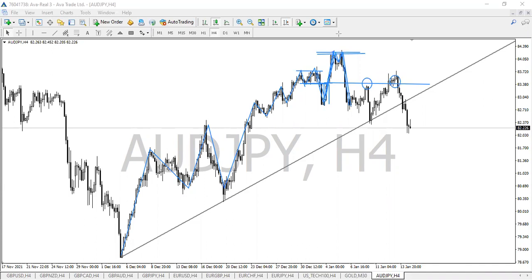From the trend line that we have, where AUD was moving using the trend line to go up, it did your 1, your 2, and 3. And then you took a buy here. Using your confirmations, you took a buy here, and you took a buy here using your confirmations.